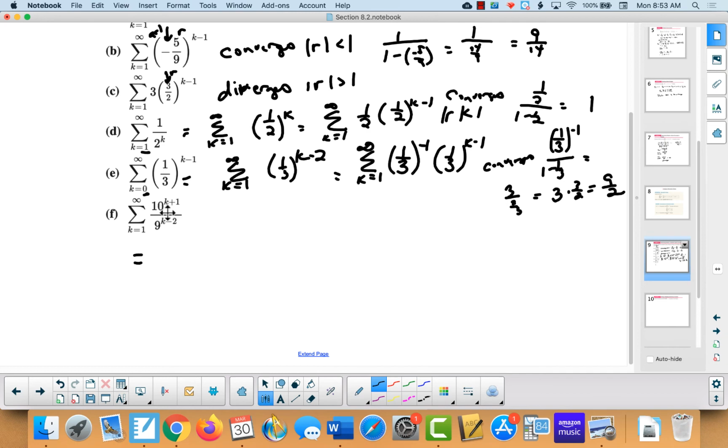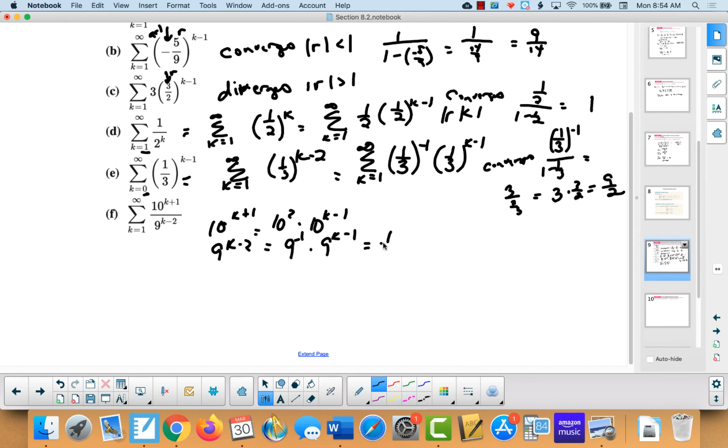So if we look at this, this 10 to the k plus 1, this top part, is equal to 10 squared times 10 to the k minus 1. 9 to the k minus 2 is equal to 9 to the negative 1 power times 9 to the k minus 1 power.